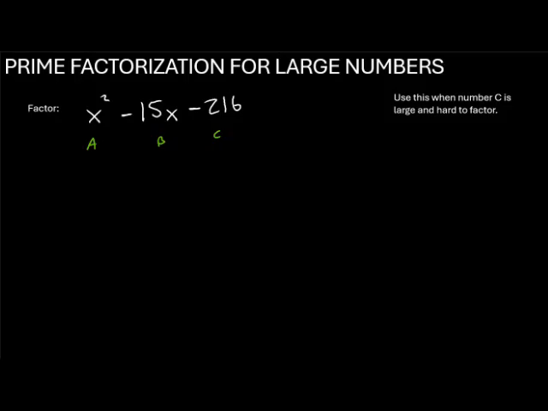When we do prime factorization, we start with our number C, that's negative 216, and try dividing that number by small prime numbers. We're going to do this for as long as we can until we've broken up that 216 into prime numbers only.